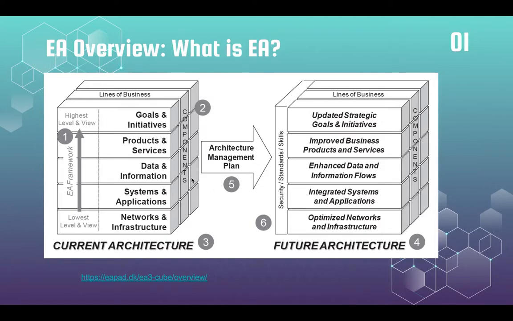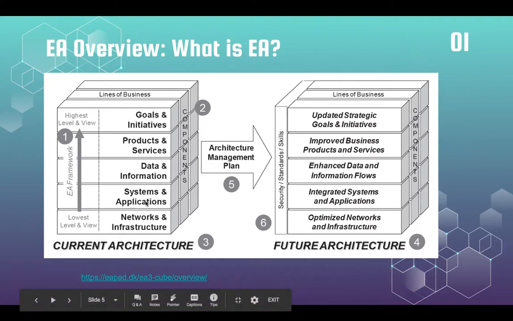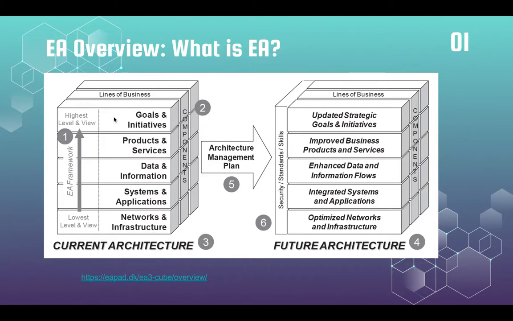But the point is that this architecture management plan links up these current and future architectures, and also notes that there are different levels and that these levels are interconnected. We'll talk about that in a moment when we talk about TOGAF, but basically these goals and initiatives, you can think of these as the highest level in view, and they're going to impact these other areas down the line to the lower levels.